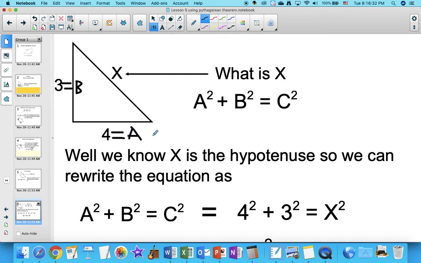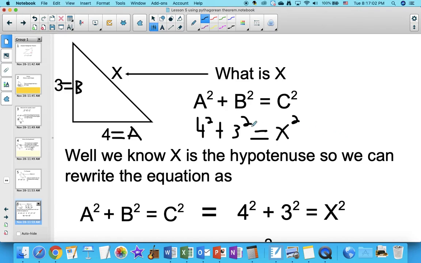I replace that a with 4 right here, and I put the little 2 there because it's squared. Plus b, in this case I made b 3, so 3 squared, should equal x. We made the longest side x. We don't know what x is, but that's our c length, because remember, c is the longest side.